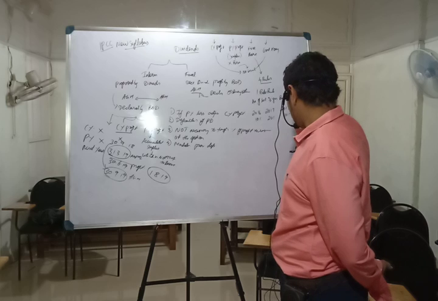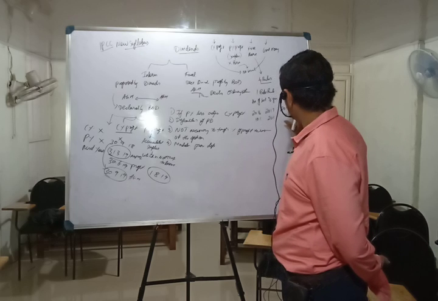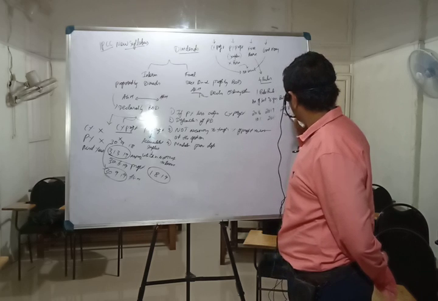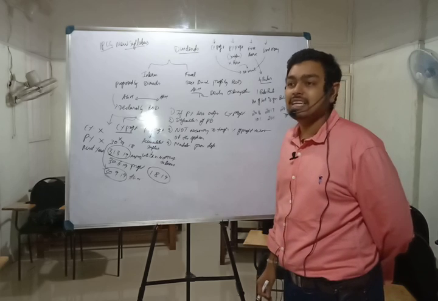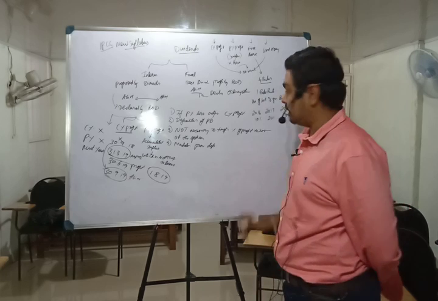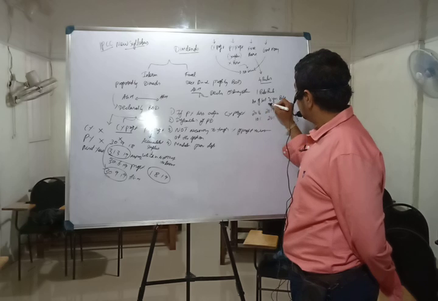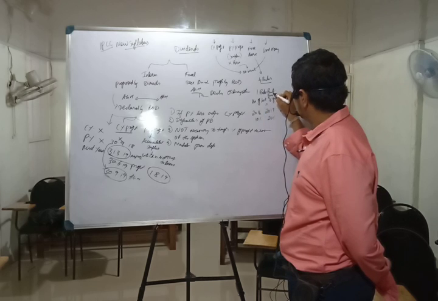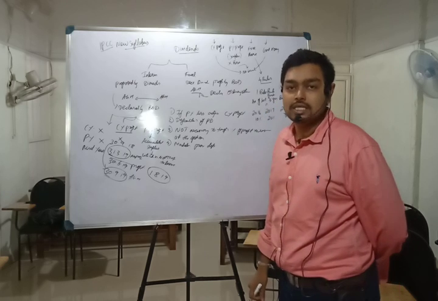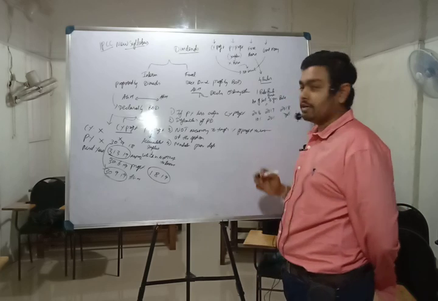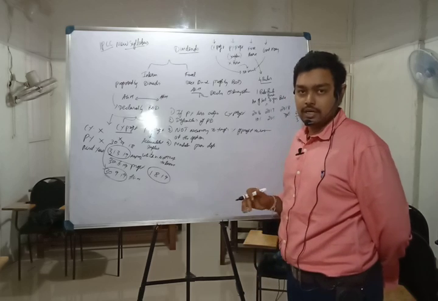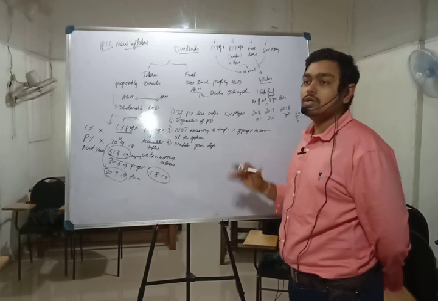So imagine in this year you didn't declare any dividend. Now here the word each of the last 3 years is given. Hence, if in 2018 you have not declared dividend, then this rule is not applicable.